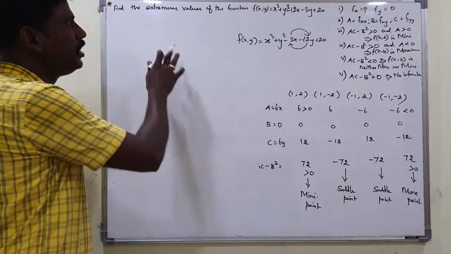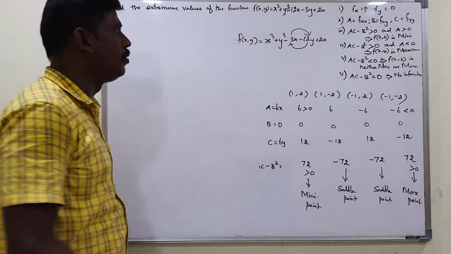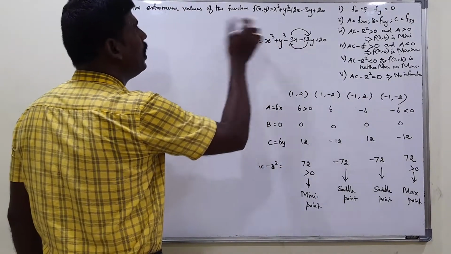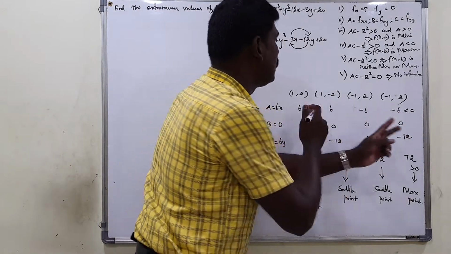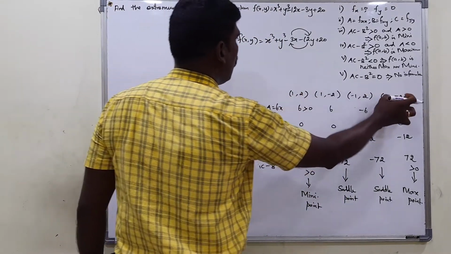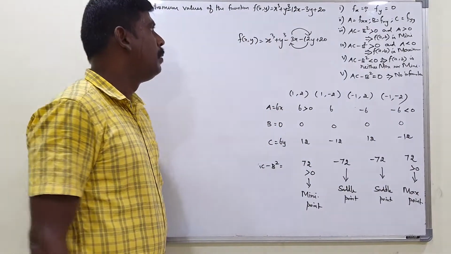So the only difference is that the coefficients of x and y are interchanged here. Proceed with the same procedure that I did in the previous problem. You will get the same points, but the maximum and minimum points are interchanged. f of (x, y) takes maximum at (1, 2) and minimum at (-1, -2), but there is no change in the maximum value and minimum value.